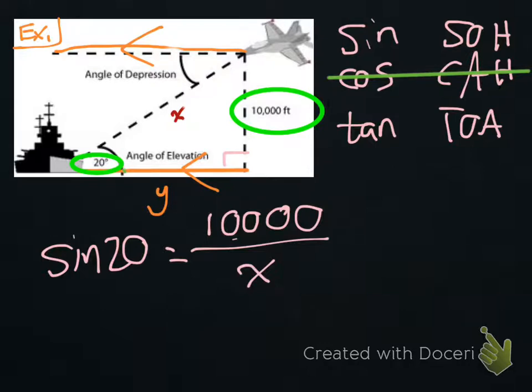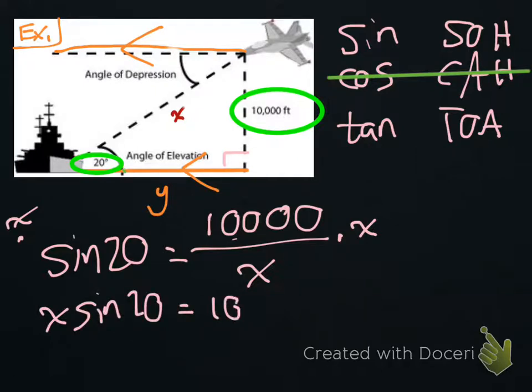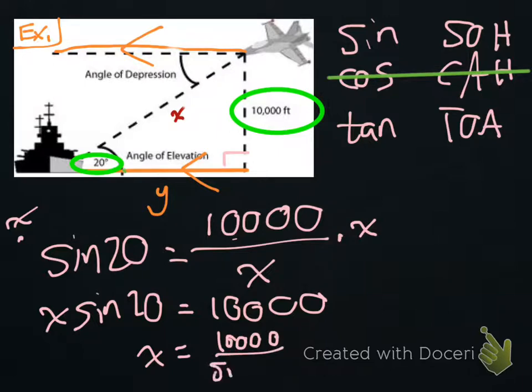Now to solve for this, we multiply both sides by x, and you get x sine 20 equals 10,000. Then divide both sides by sine of 20, so you get x equals 10,000 over sine 20.